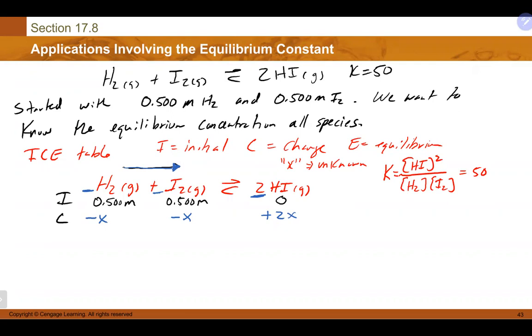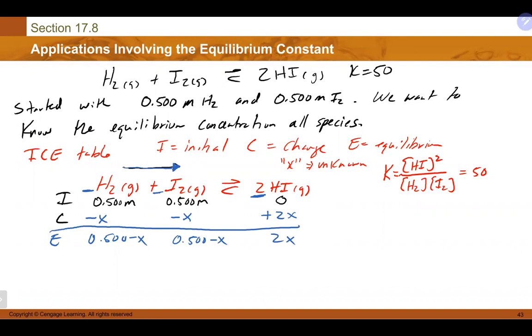Other questions? All right, we're now ready for our equilibrium line here. Our equilibrium line would be 0.5 minus x. We're just going to bring everything down: 0.5 minus x and 2x. First off, any question on the table here?